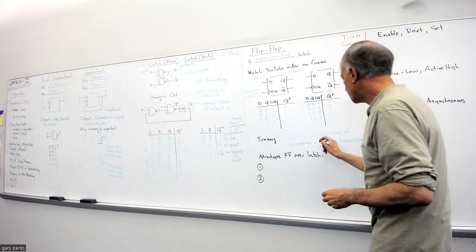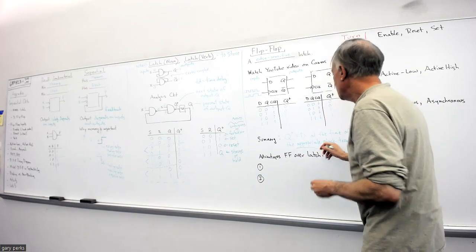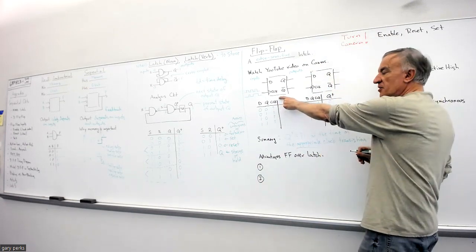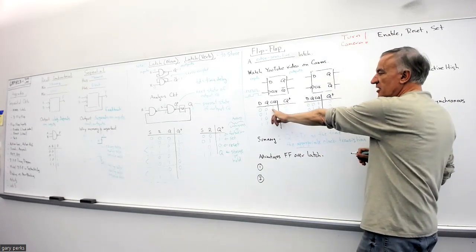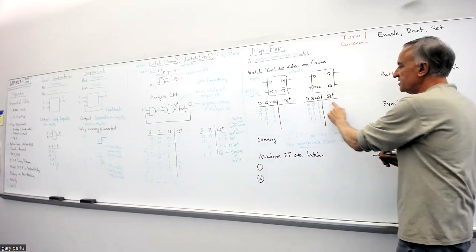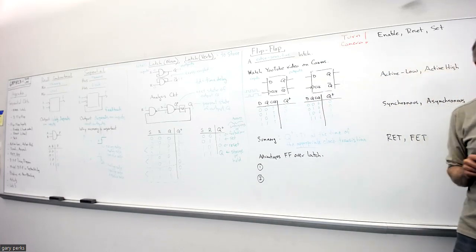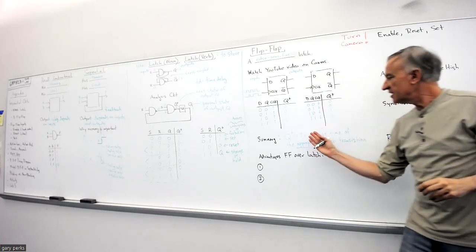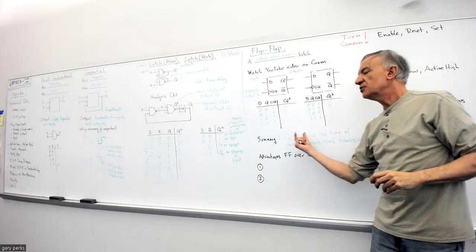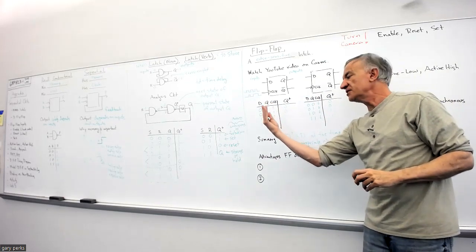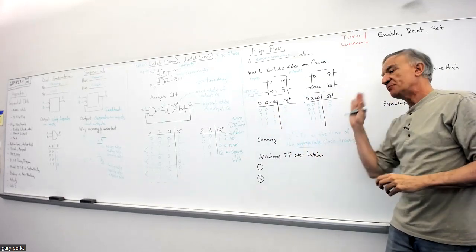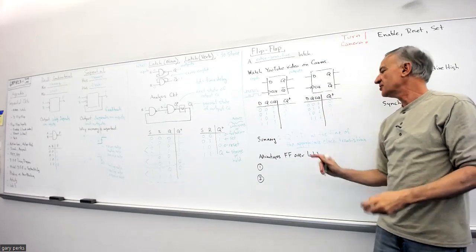Okay, what do I mean by appropriate? Well, if it's this type of flip-flop, the appropriate clock transition is 0 to 1. If it's this type of D flip-flop, the appropriate transition is the 1 to 0 transition. But the key thing is the next state of Q can only equal whatever the D input is at that specific time of that appropriate clock transition.